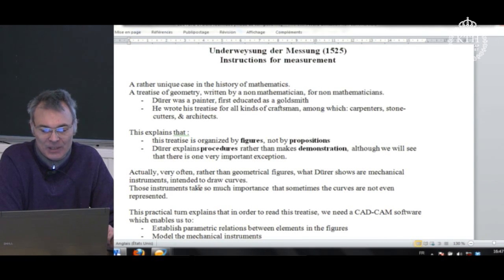Actually, very often, rather than geometrical figures, what Dürer shows are mechanical instruments intended to draw curves. And those instruments take so much importance that sometimes the curves are not even represented.